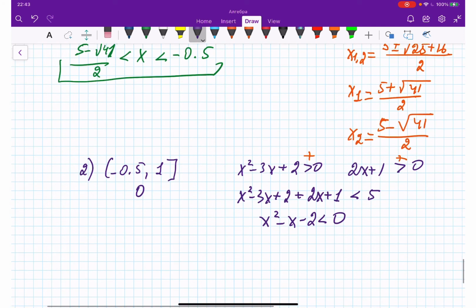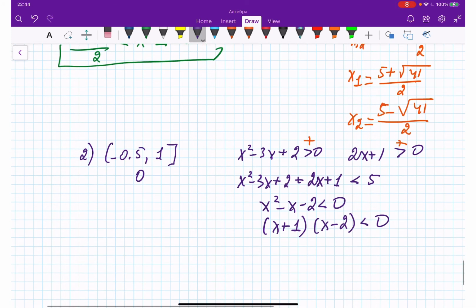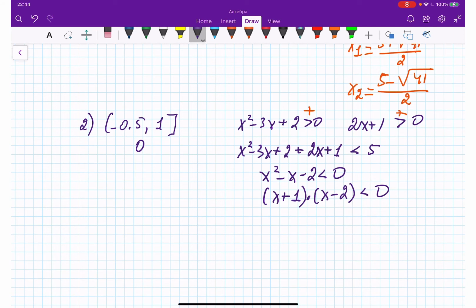And this one we can solve much easier: x plus 1 and x minus 2 is less than 0. Because we have 1 times negative 2 is negative 2, and positive 1 plus negative 2 gives you negative 1. So since this product is less than 0, we have two choices. First combination, x plus 1 is greater than 0, x minus 2 is less than 0.